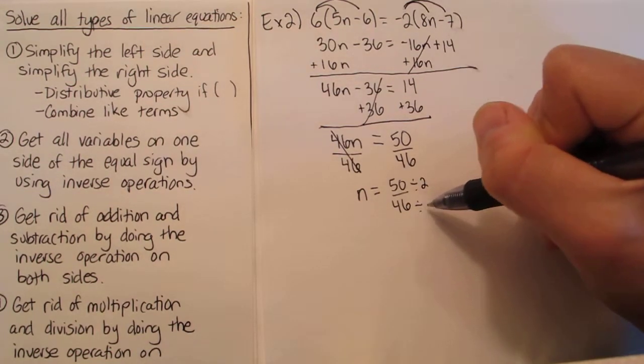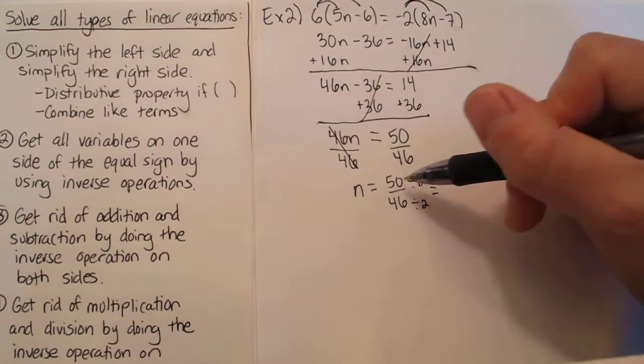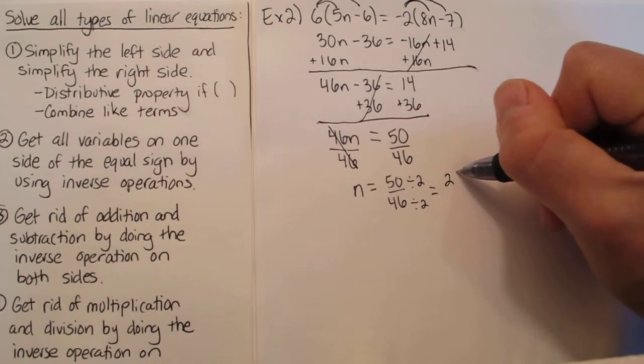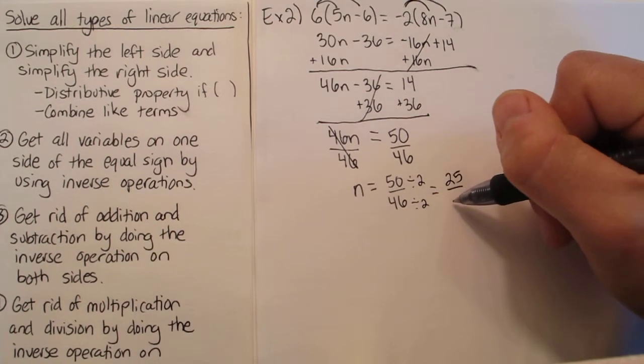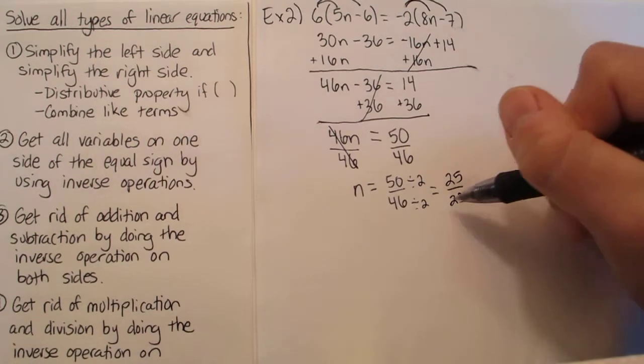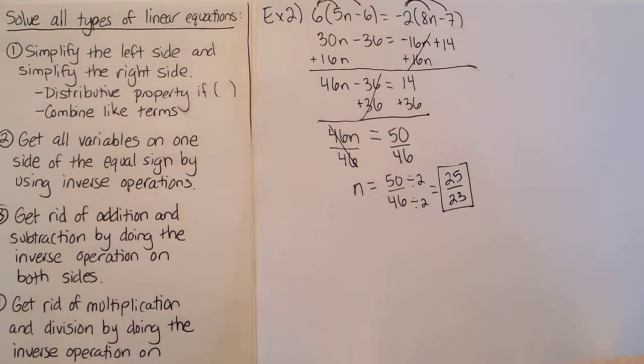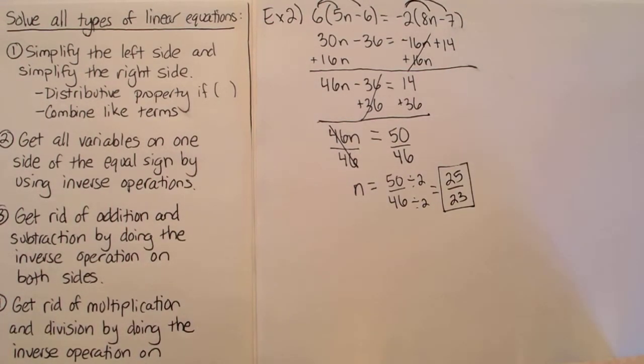So I'm going to divide by 2 on the top and divide by 2 on the bottom. 50 divided by 2 is 25, and 46 divided by 2 is 23. And as strange as it looks, that is the correct answer. And I'm not going to check this because it would take quite a long time, so you'll have to trust me that it's right.